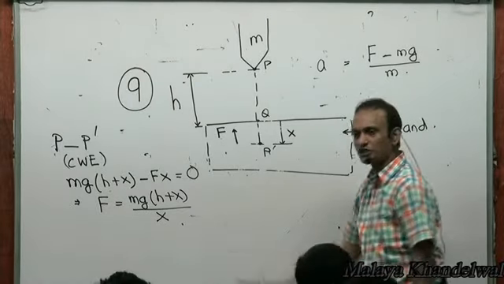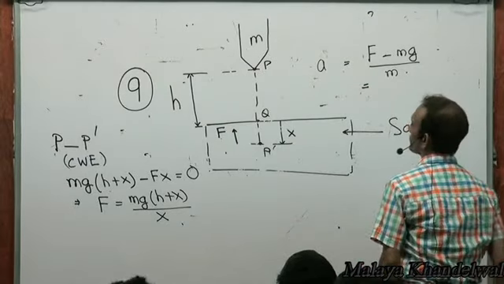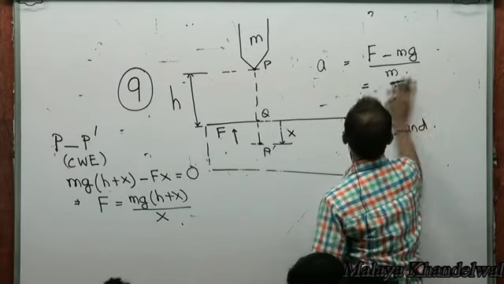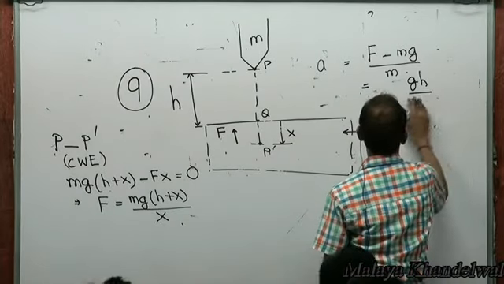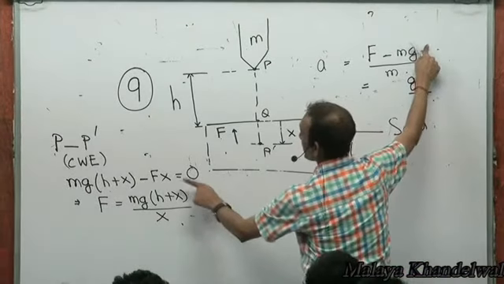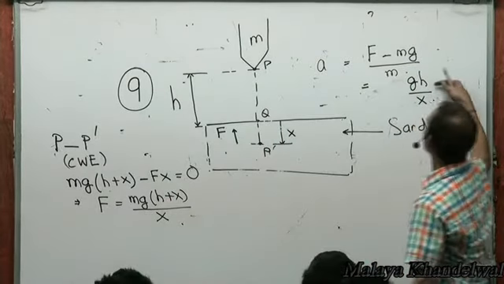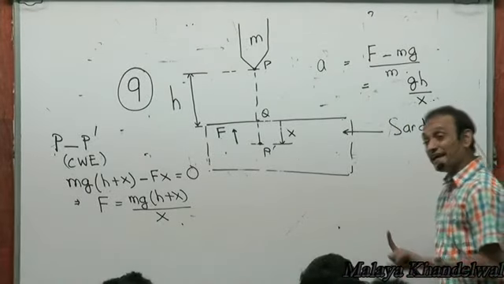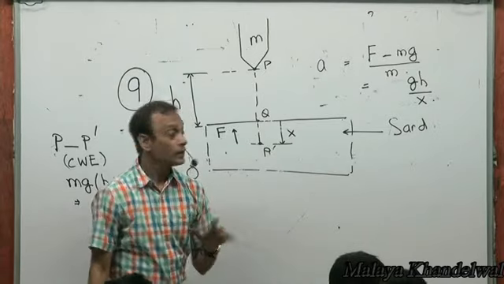F minus mg is mgh by x. So mgx will get cancelled. So mgh by x divided by m, that's gh by x. Clear? So that's the average retardation during this journey from Q to P prime.